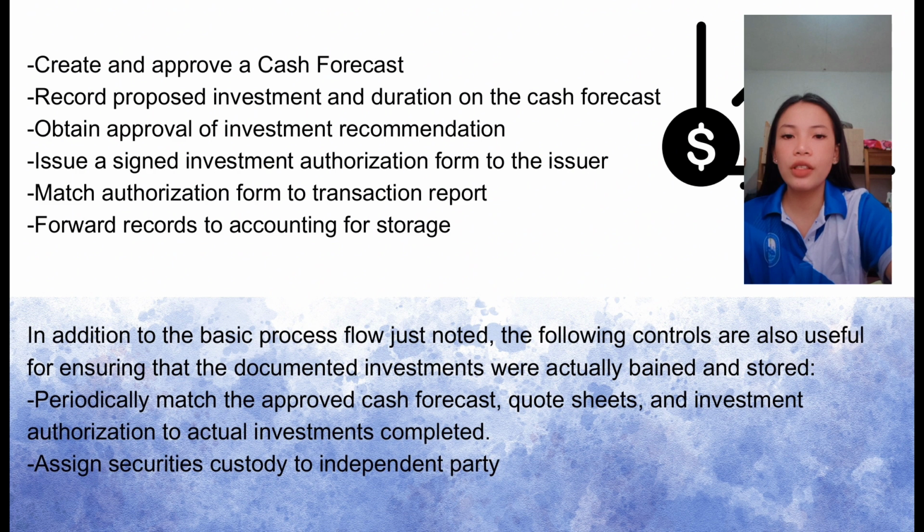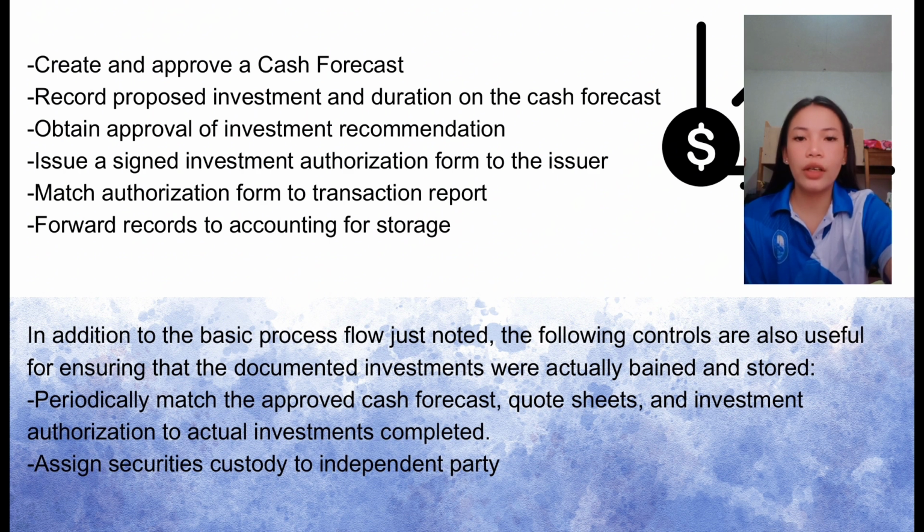Even if the papers look fine, there's a chance someone might use the funds for a different unauthorized investment. To catch this, the internal audit department should compare all the paperwork with the actual investment reported by the entities involved. This helps ensure that the investments are on track and in line with the approved plans, preventing unauthorized shifts and maintaining financial integrity.